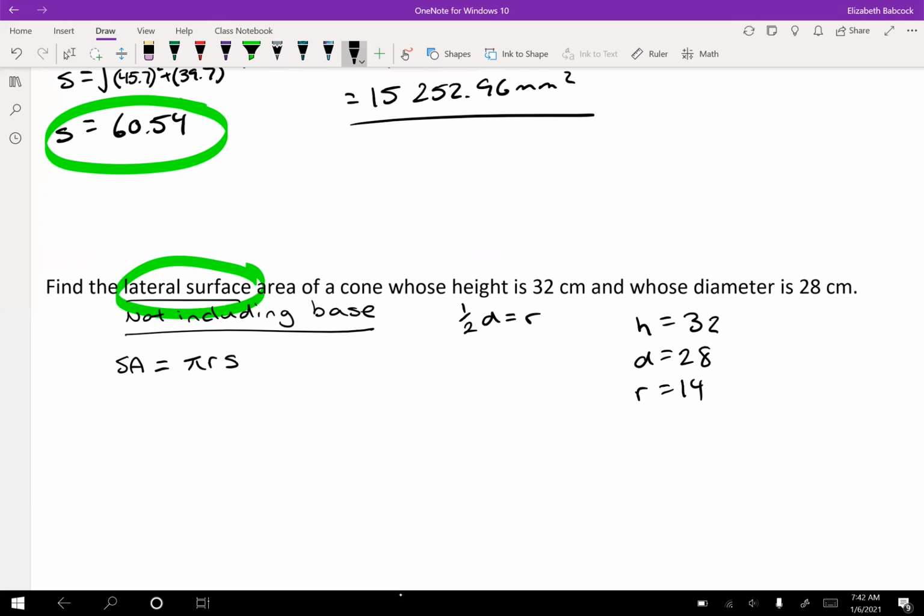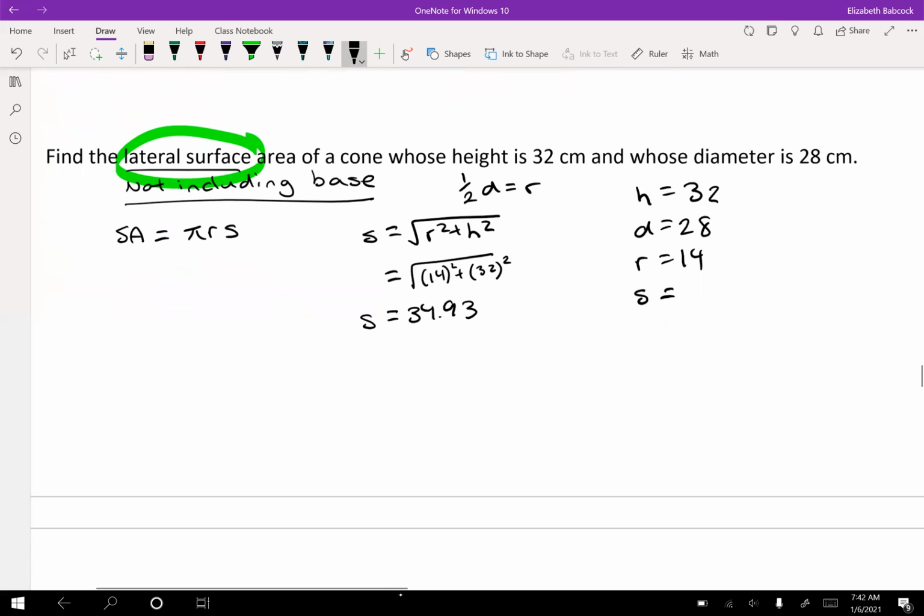Okay, we need to solve for our slant height. Okay, so remember s is equal to the square root of r squared plus h squared. If you plug everything into your formula, square root of 14 squared plus 32 squared gets you 34.93.